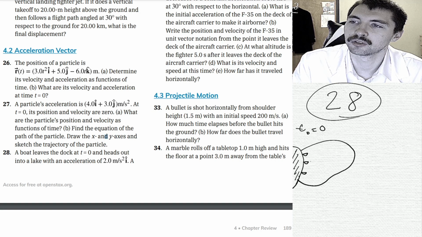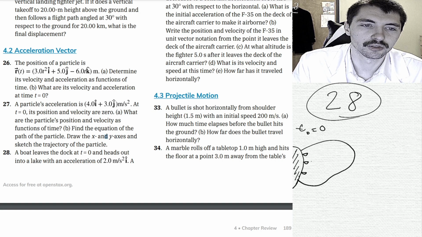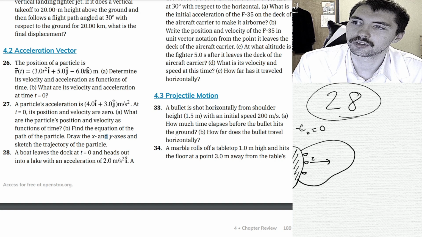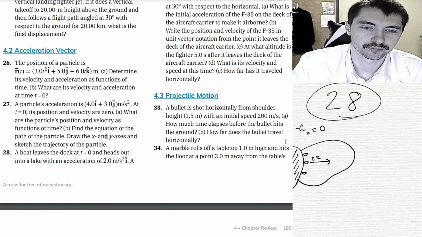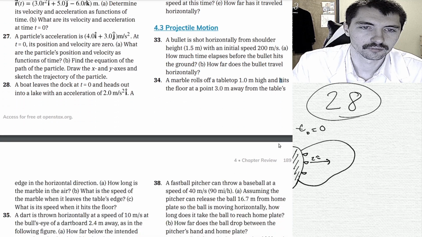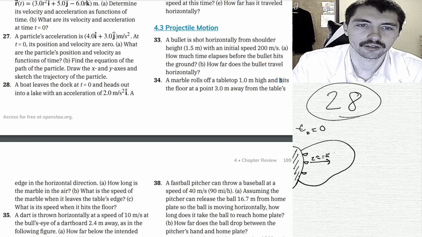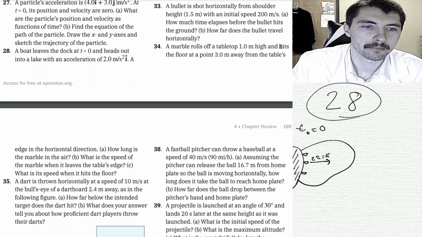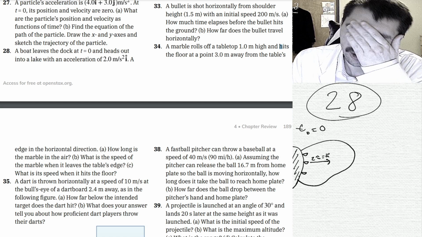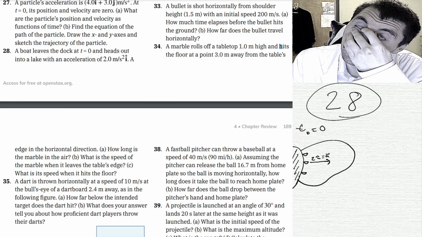We have a couple boats. This one's going to go to i. Okay. An edge in the horizontal direction. What does that mean?